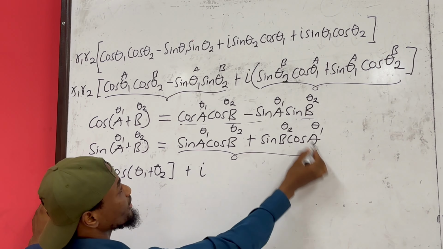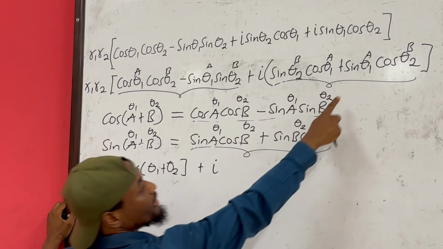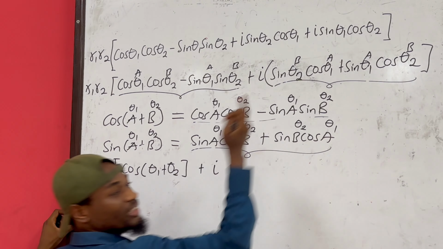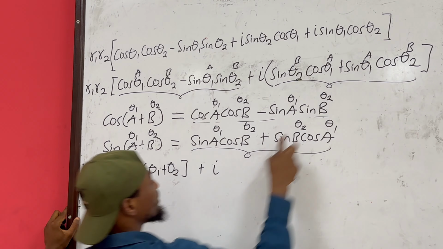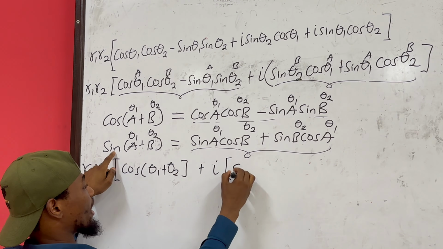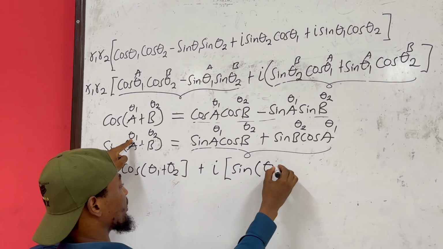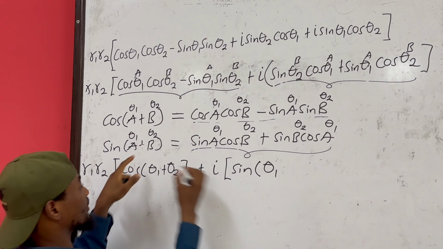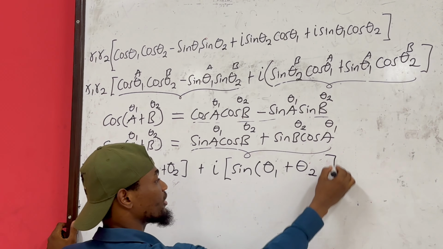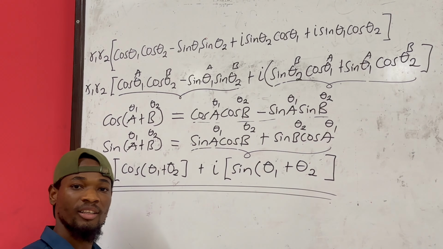It's the same as this, because I have sine theta 1 here, cos theta 2 in that regard. So the whole of this is the same as that. I can say i, then I have sine of theta 1 plus B, and the B here is what? My theta 2. This is the proof.